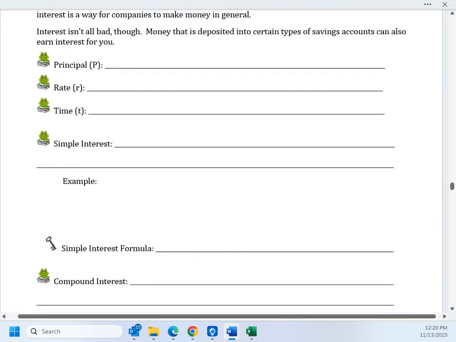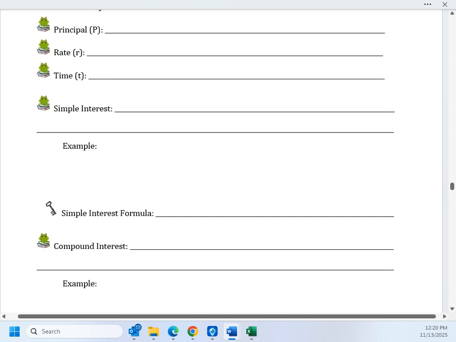So for this lesson, we need to understand what the different terms mean. And then we're going to have different equations, different formulas. Just like with the part, the whole, and the percent, we need to be able to plug the correct numbers into our equation in the right spots. We're going to be doing that with this too.